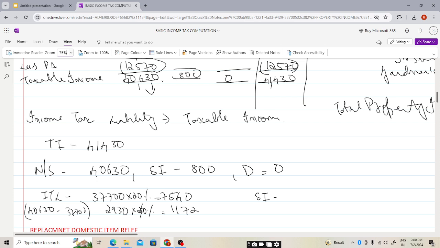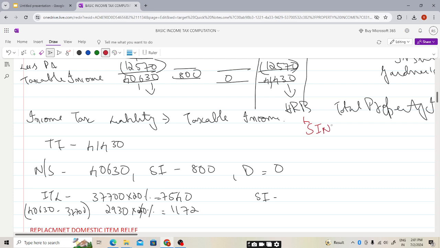To determine what type of taxpayer he is, we need to see which band his total taxable income falls under. As this falls under the higher rate band, the saving income nil rate band will be 500 pounds. So saving income 500 at 0, and the rest 300 will be at 40%, because the first limit has been used by the non-saving income. So this will give rise to 120.